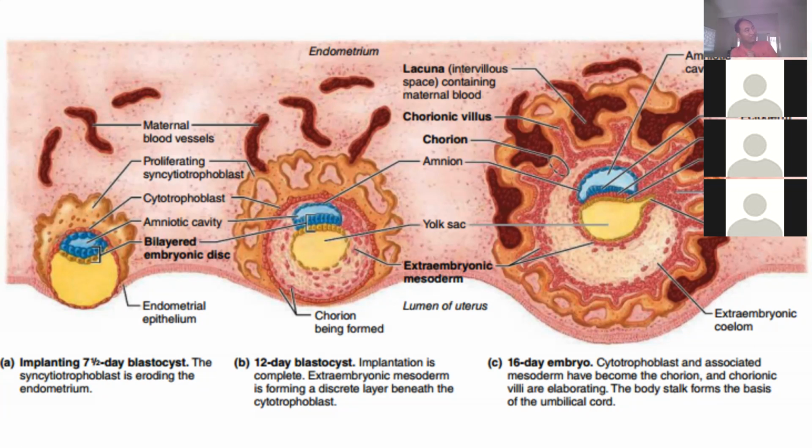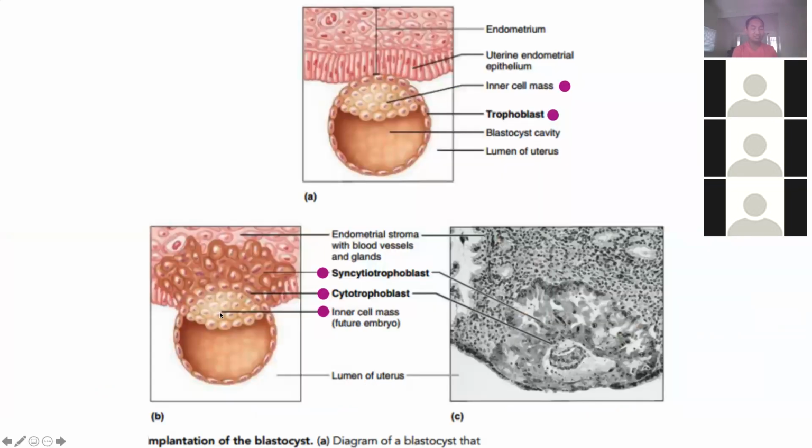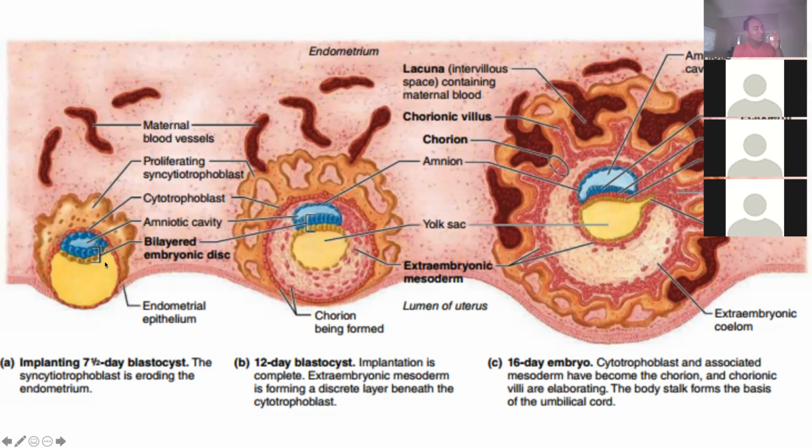And while this syncytiotrophoblast is trying to find nutrition and invade into the endometrium, our inner cell mass is also gradually changing into two layers. Look at that, guys. One layer of the cell becomes blue, and the other layer of the cell becomes gold yellow.